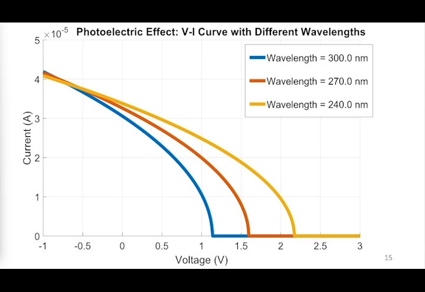Now this is another voltage versus current curve, but this time we are changing the wavelength to see what happens. So in here you can see that the stopping potential changes for different wavelengths. For lower wavelengths the stopping potential increases. That means the lower wavelength is responsible for generating higher kinetic energy electrons, or in other words we can say that high frequency light creates more energetic electrons.